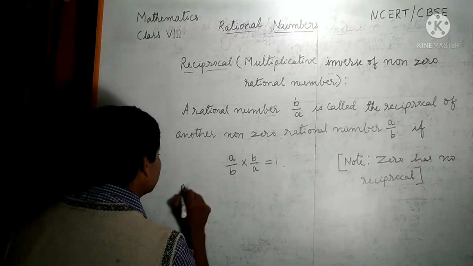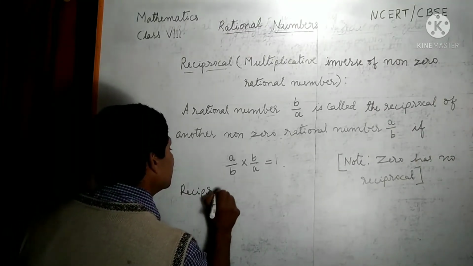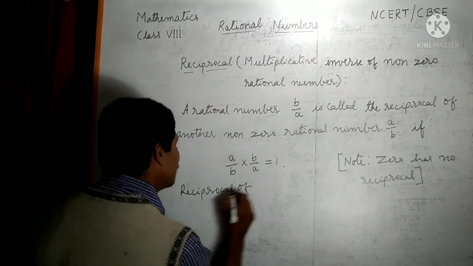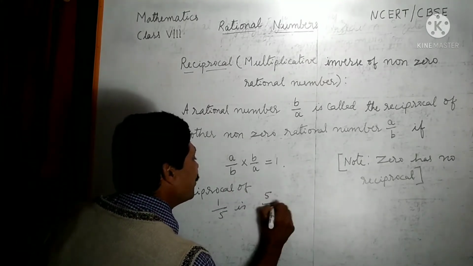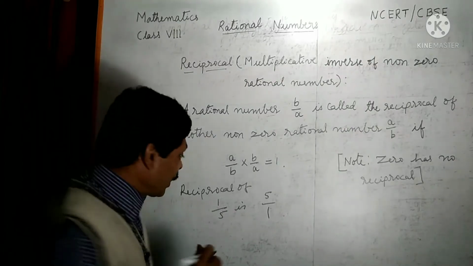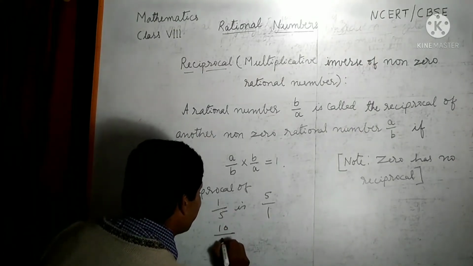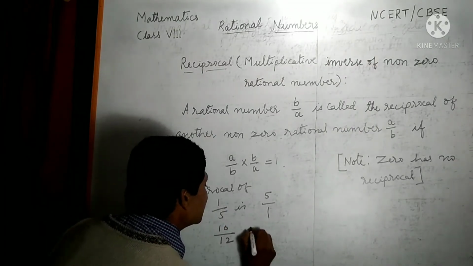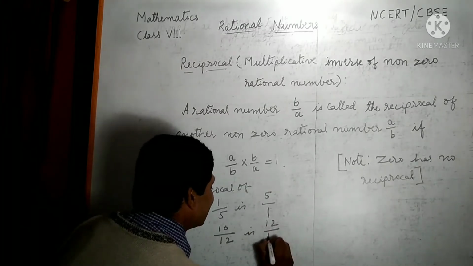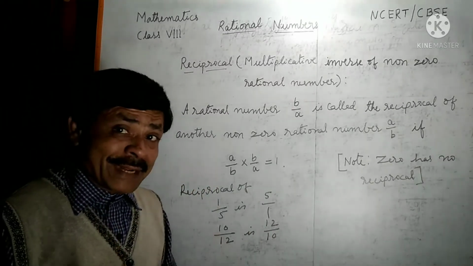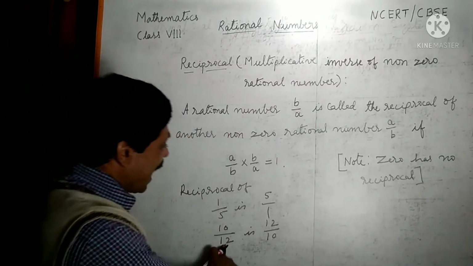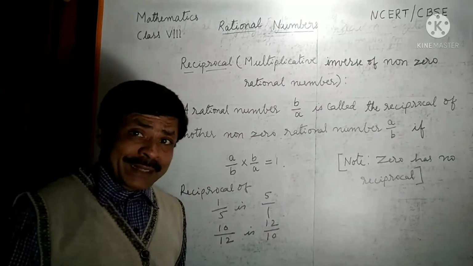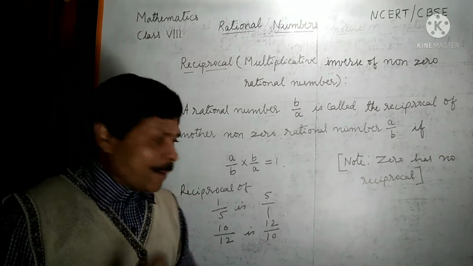Reciprocal of 1 by 5 is 5 by 1. Reciprocal of 10 by 12 is 12 by 10. So that when we multiply a given rational number and its reciprocal, we will get 1.